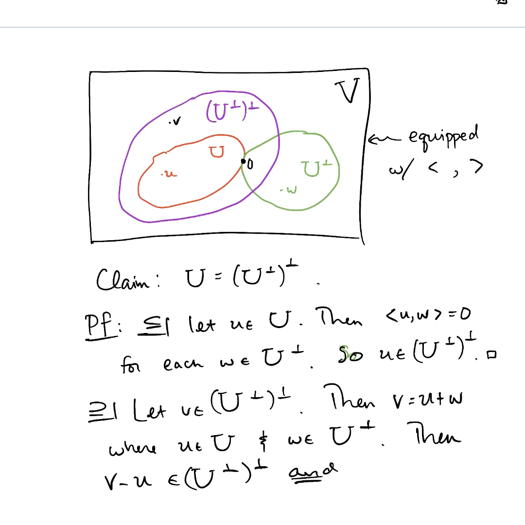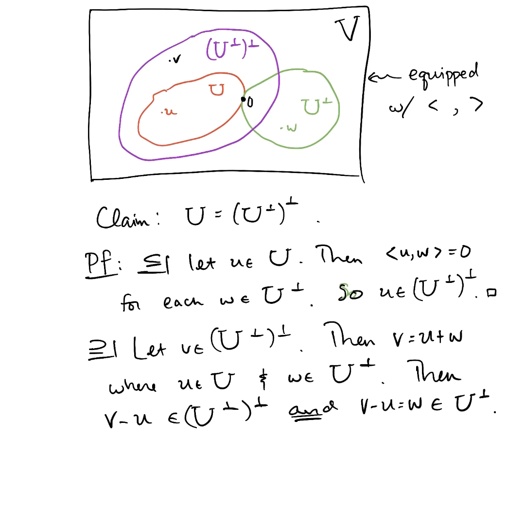But also, wait, V minus U is W. And W's in the green. Wait, hang on a sec. So V minus U is simultaneously in the purple and in the green, but the purple is the perp of the green. Purple is green perp.